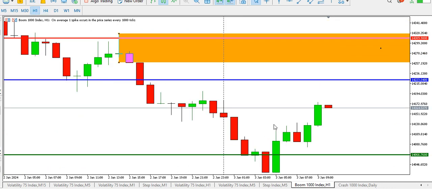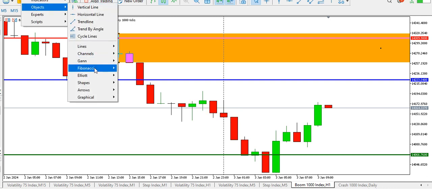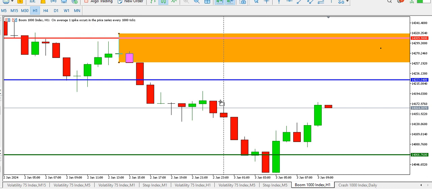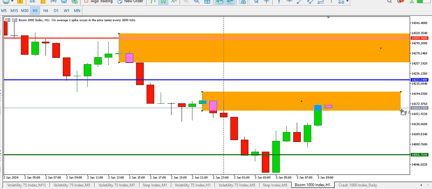On the 1-hour time frame, the bulls are back in town, and look at this bullish engulfing candlestick. Price is reacting to it. Price is currently at this particular order block on the 1-hour time frame for Boom 1000 index. All right, we might see a bit of a drop around here before price breaks this particular supply level, and the price approaches the next level, which is around here.